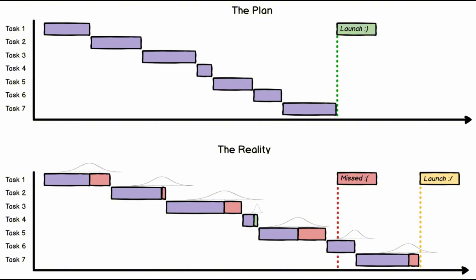Second, hidden problems and late surprises. Issues like delays, technical debt, or quality problems remain concealed until it's too late. Without visibility, teams can't inspect and adapt early.